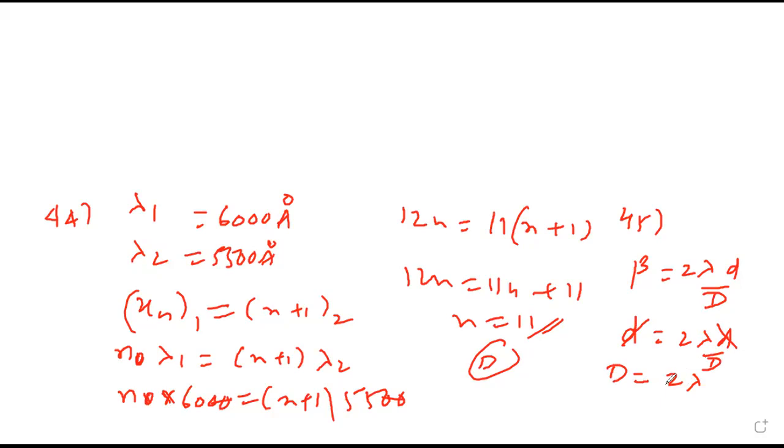Capital D for myself is equal to width of slit. So it will become D equals to d square upon 2 lambda, which is option C.